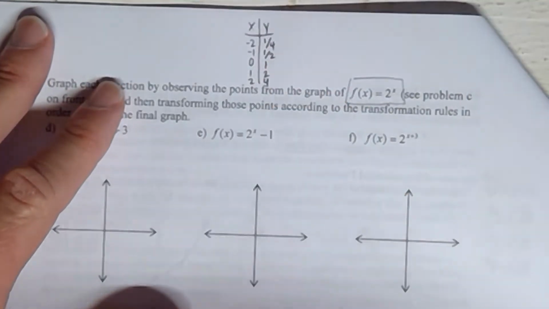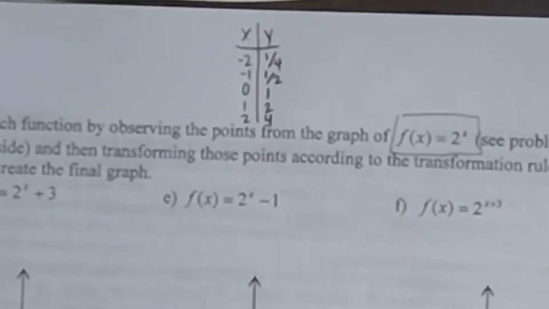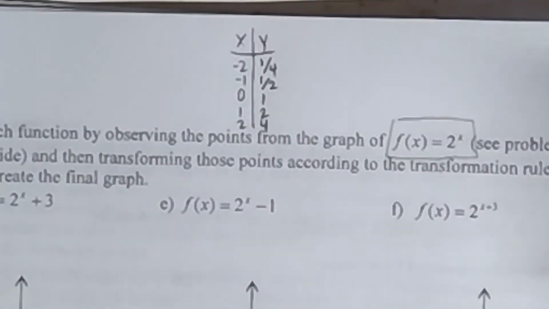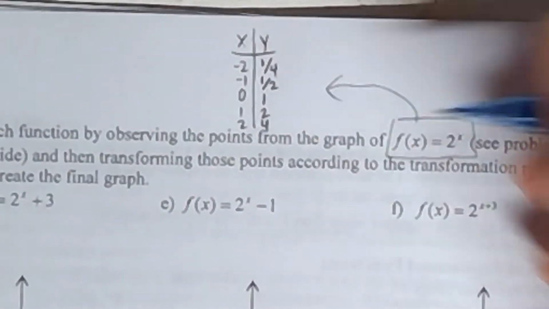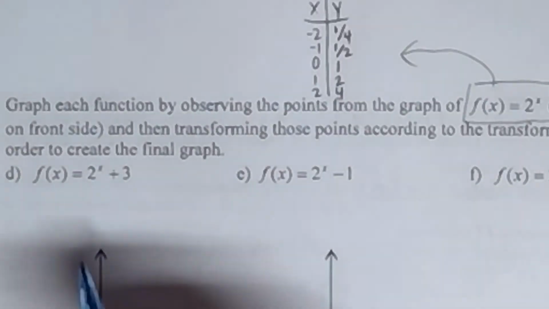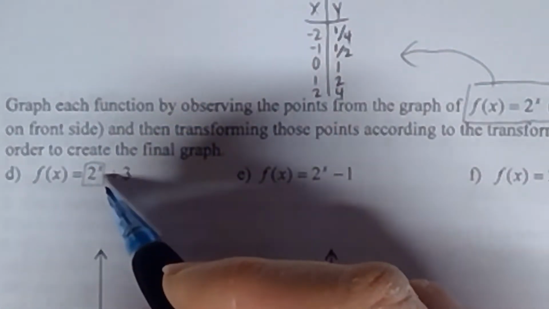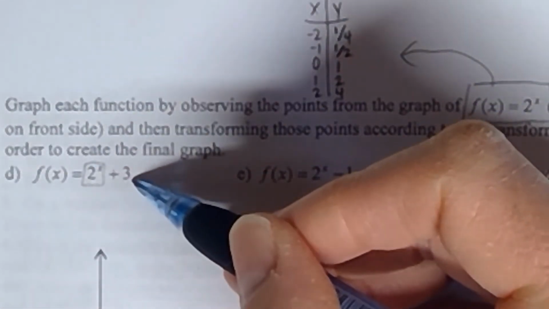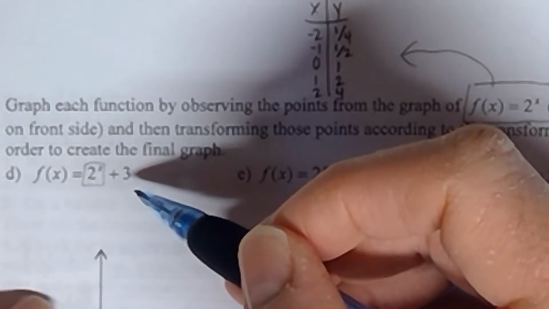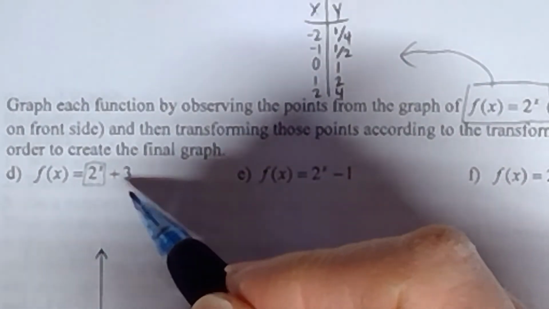So there's my 5 points right there. Again, same 5 points as on the front side, I just transferred them over. Here's how this works. If you have the same exact function, but then you add something to it, and it has to be a constant number, I'm not going to say plus 3x or something like that.